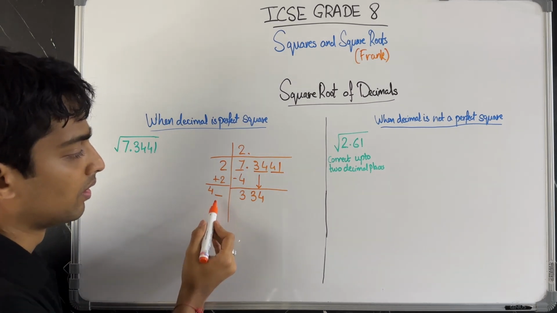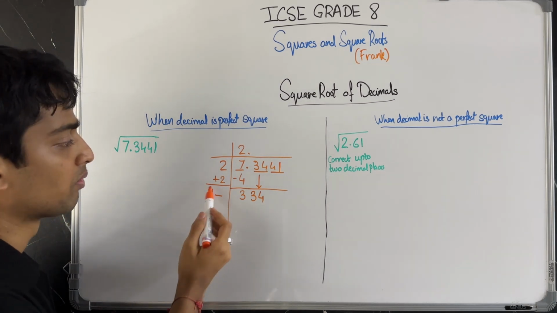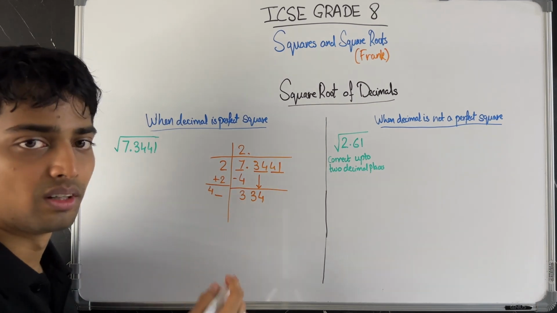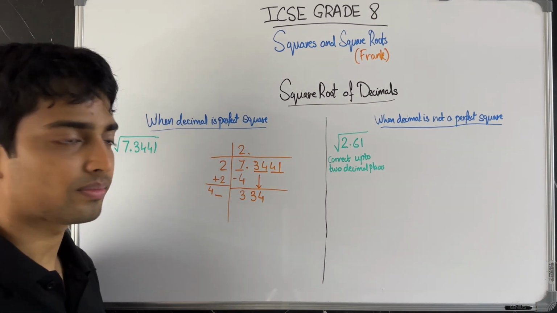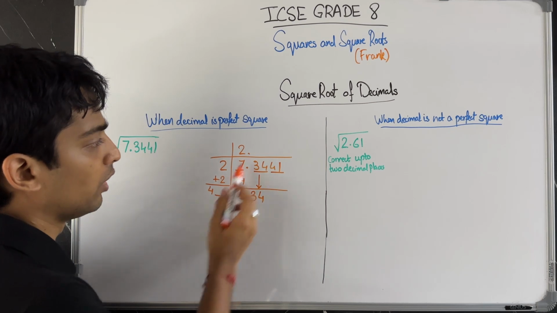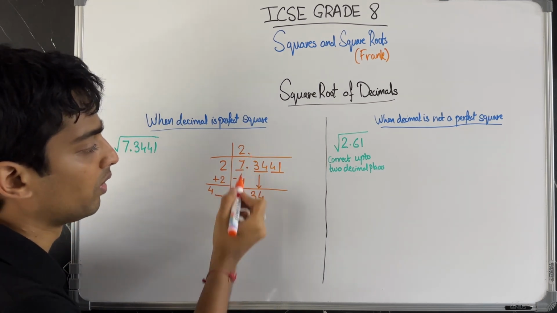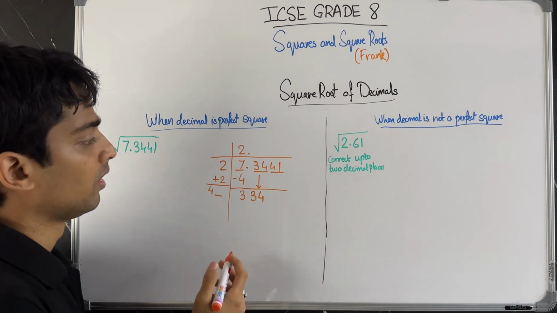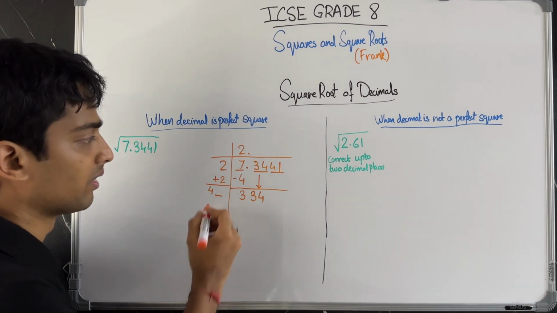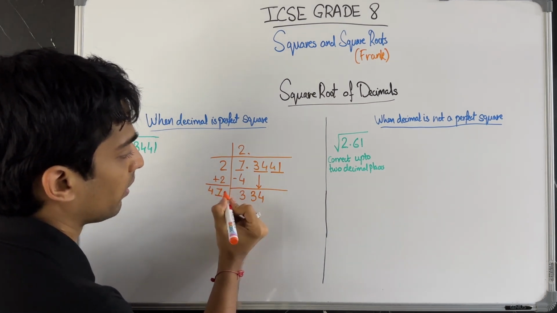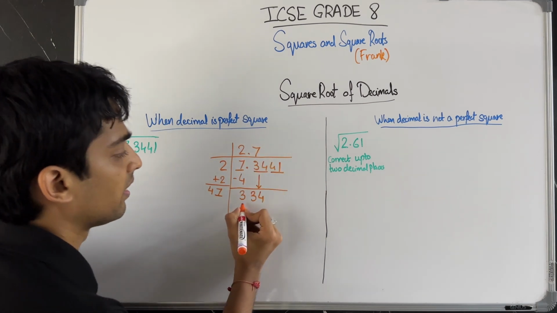We can write 1 to 9 numbers. We have to try which one is the closest and smaller than 334. So 41 into 1 will be 41. If we write 2, 42 into 2 will be 84 and so on. If you keep on trying, you will get 7 is the closest. 47 into 7 is 329.